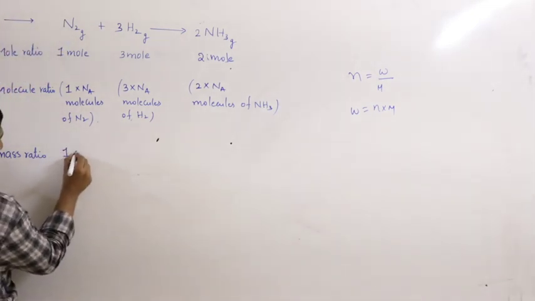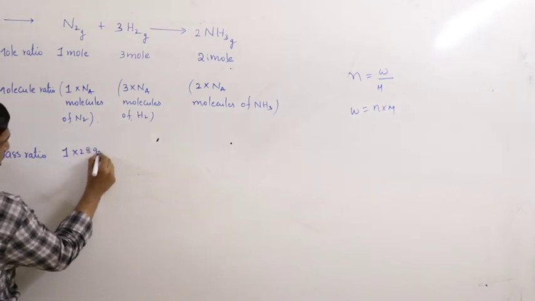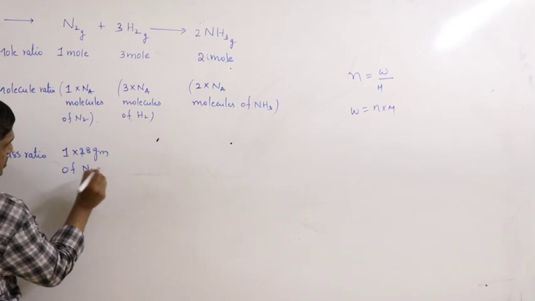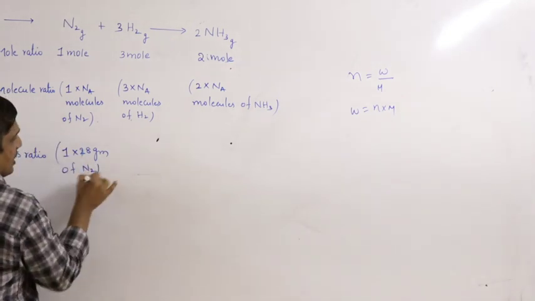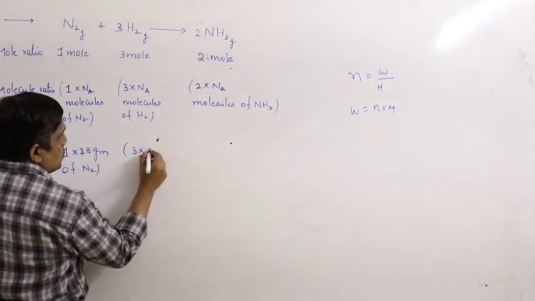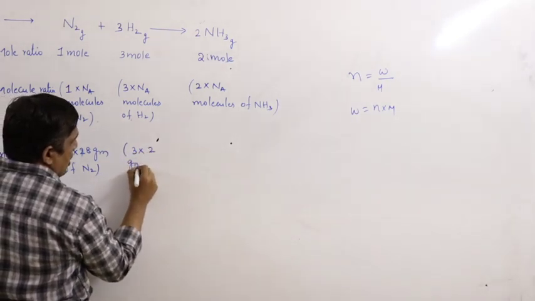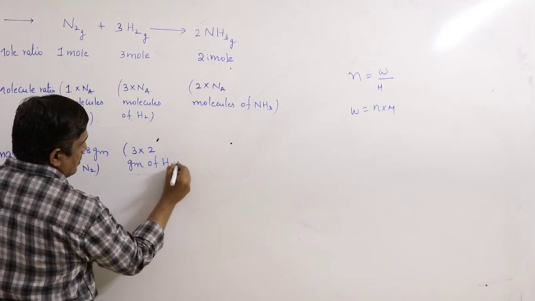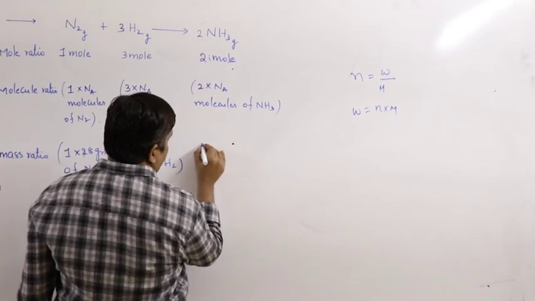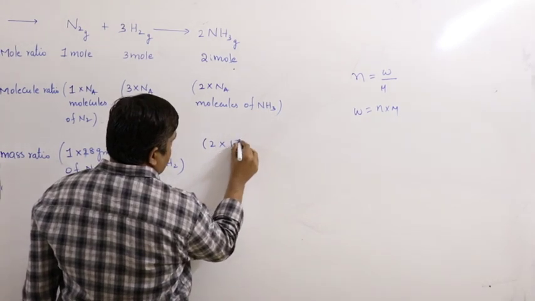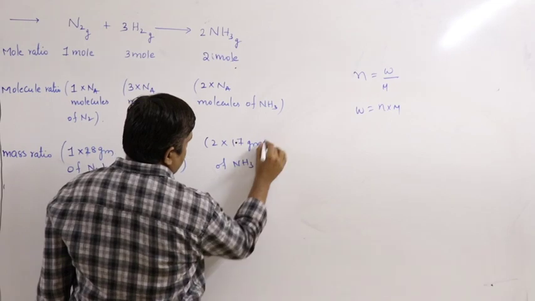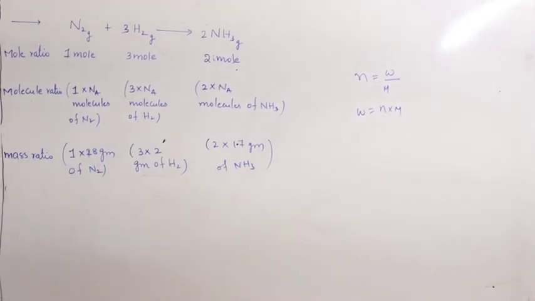So it becomes 1 into 28 grams of nitrogen, which combines with 3 moles. What is the molecular weight? 2. 3 into 2 grams of hydrogen to form 2 moles of ammonia, that is 2 into 17 grams of ammonia. This is the mass ratio.